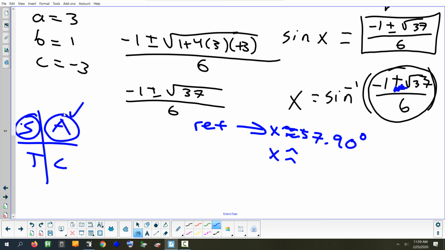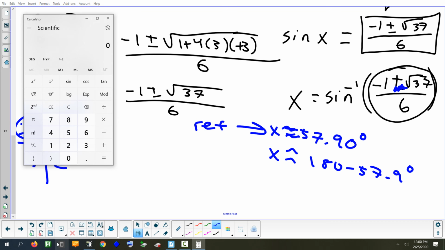What's the formula in quadrant 2 with your reference angle? 180 minus the reference angle. Don't leave it like that. 180 minus 57.90 gives me 122.10 if I'm keeping my accuracy.